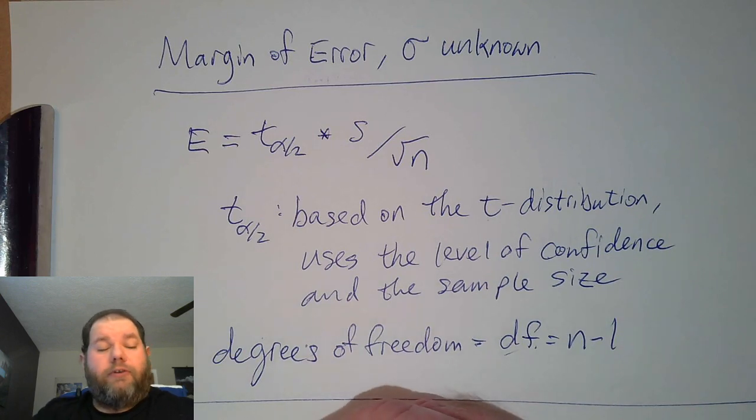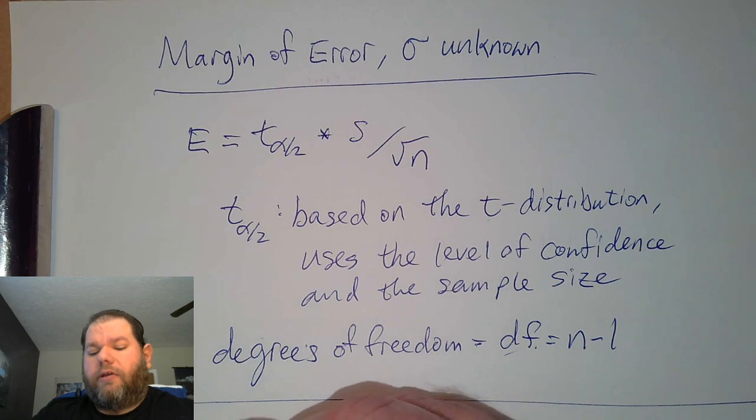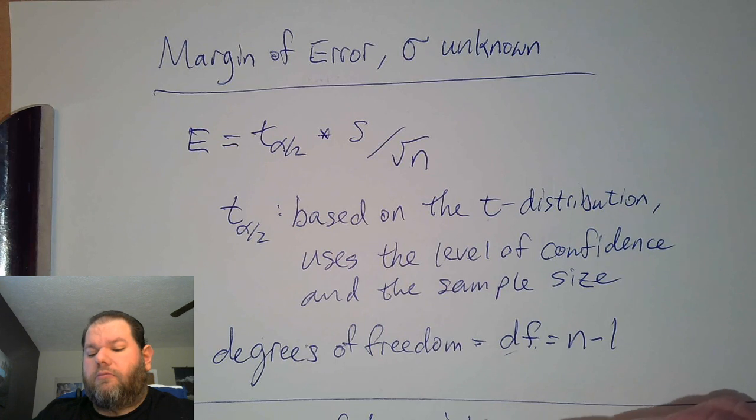So overall, once we find our margin of error, then our confidence interval will be x bar minus our margin of error to x bar plus the margin of error.